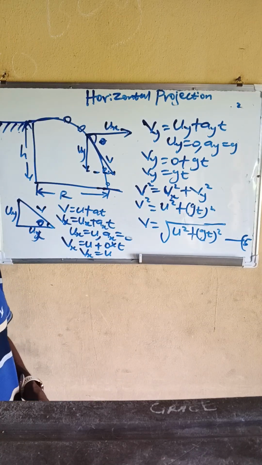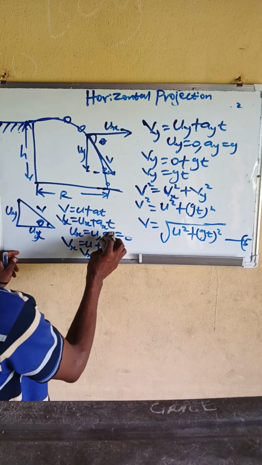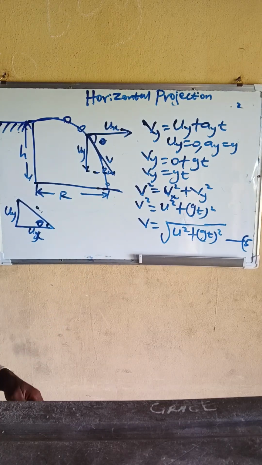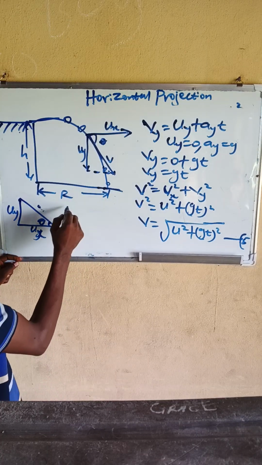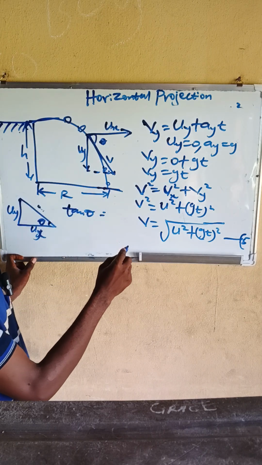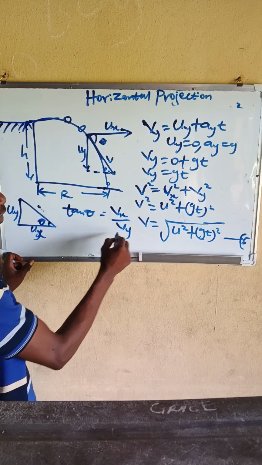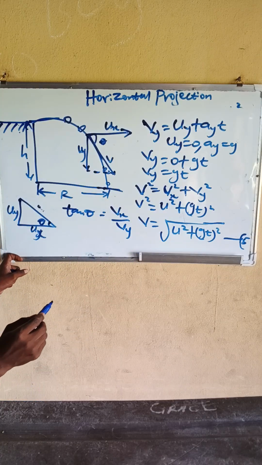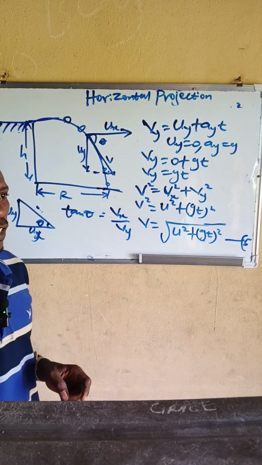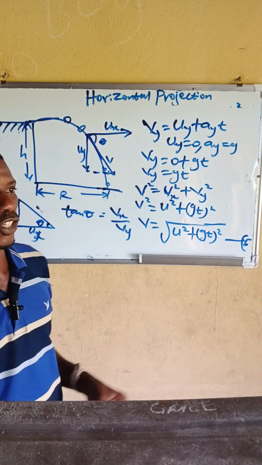If you want to get the angle, it will be in this form. We say that tan theta is opposite over adjacent, that is vy over vx. Vx is u and vy is gt.